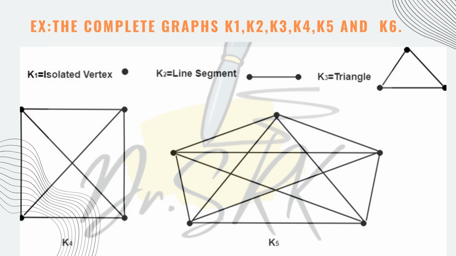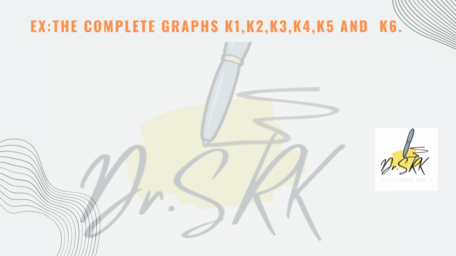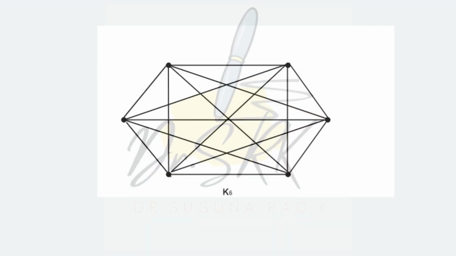That's why that is a line segment. K3 complete graph with the vertices 3 is a triangle. K4, K5, like that. K6 also. K6 means the complete graph with vertices 6.